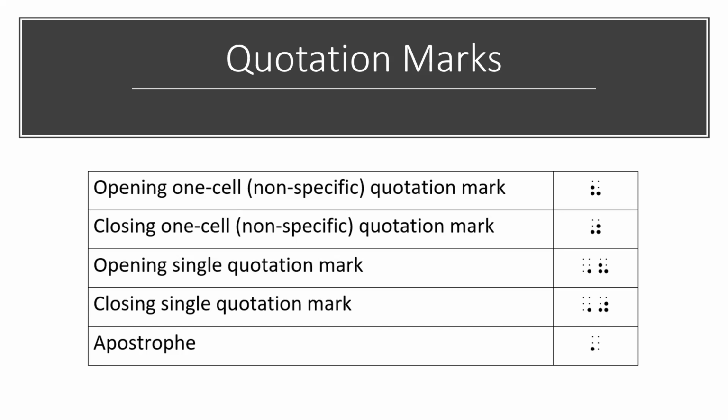If you have material that has both a single quotation and the double, you're going to use both sets there and the apostrophe. What I want to warn you about, if you're transcribing material, Duxbury does not always distinguish between an apostrophe and a single closing quotation mark or opening.